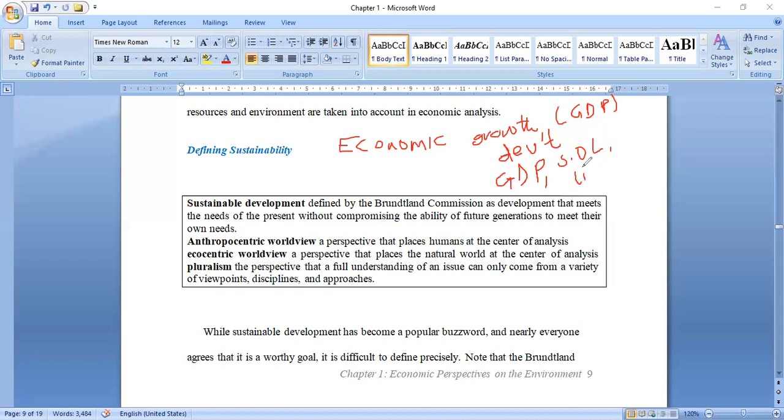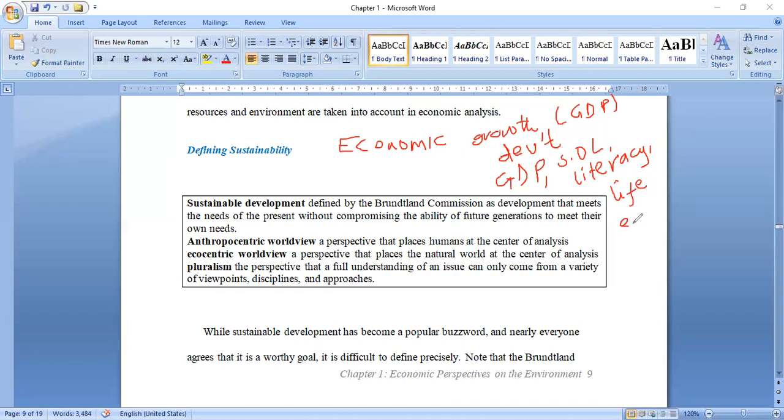The national income may be increasing in figures, but are people literate enough? Are we together? Are they receiving enough education? It will look at the life expectancy. So it is looking at the well-being of these citizens, right?